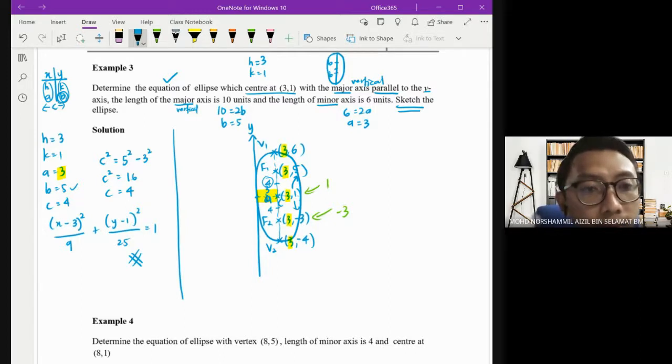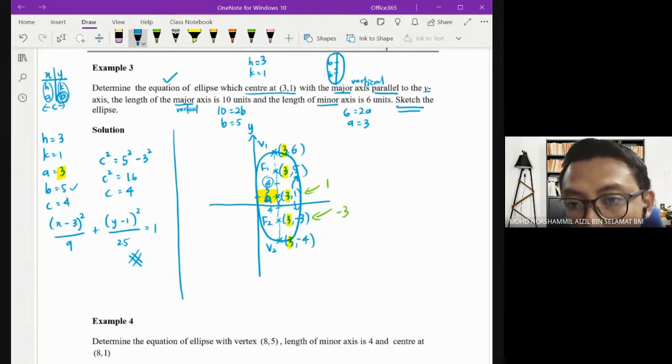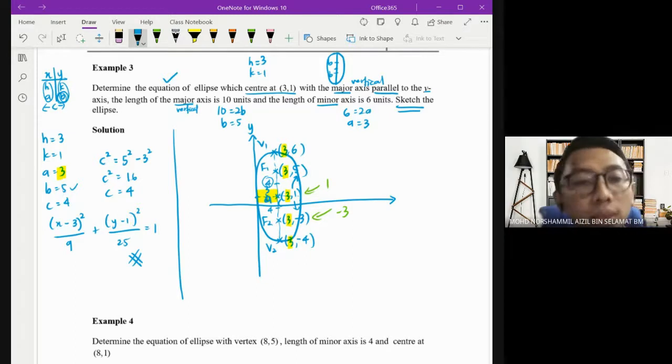Center, because zero is closer to 1 than to -3. So roughly we need to make it closer to the center. So here will be your x-axis, and somewhere here will be your origin. Is that okay?